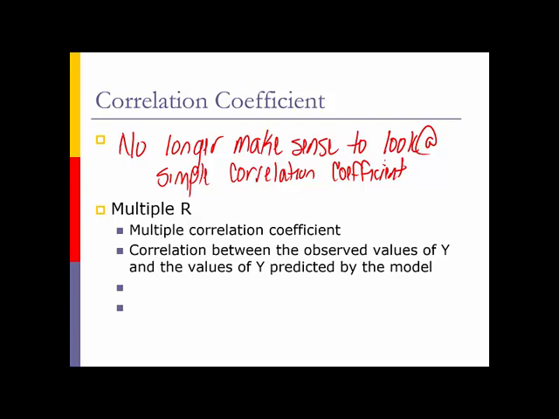So that's the correlation between the observed values and the predicted values. Very similar to the simple correlation coefficient, we have large values, and those large values represent a large, or very strong, correlation.